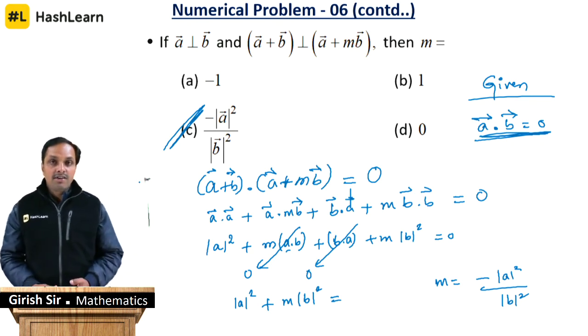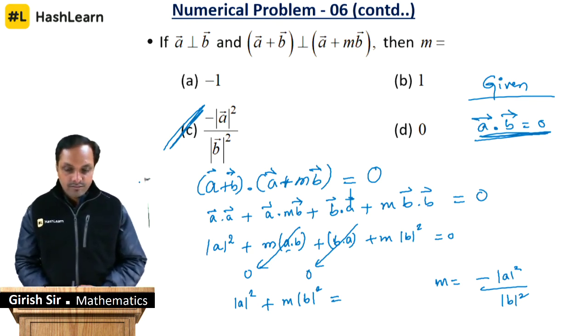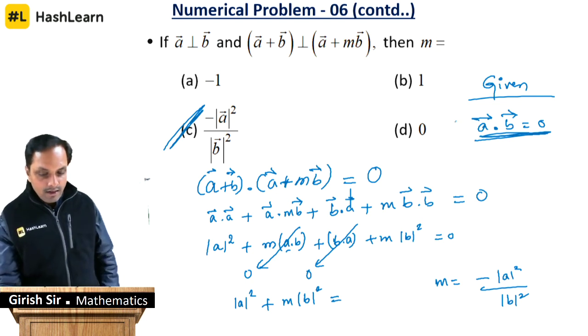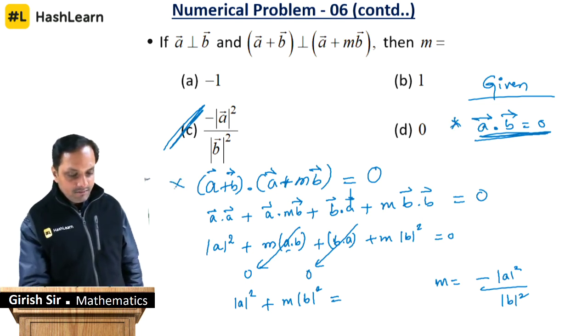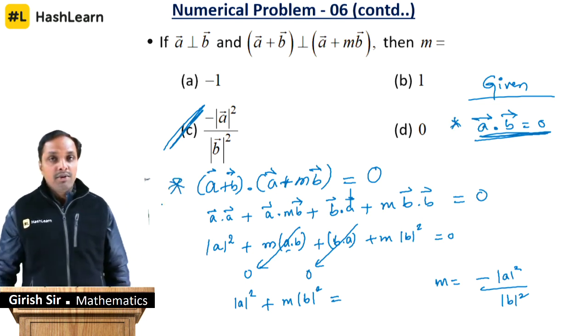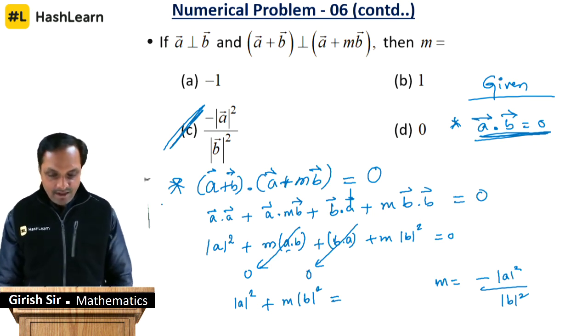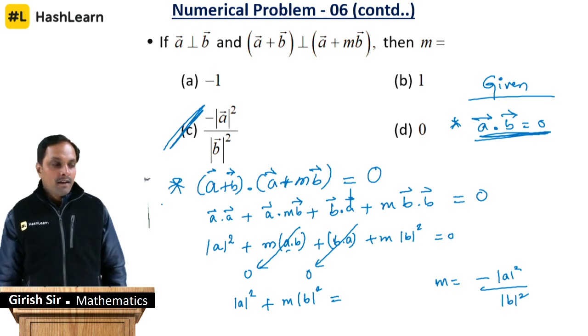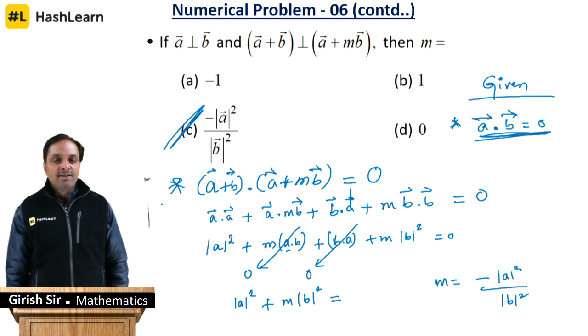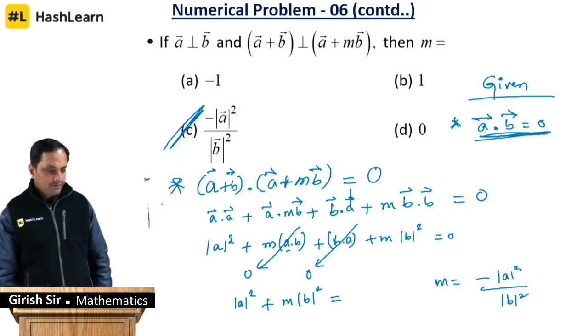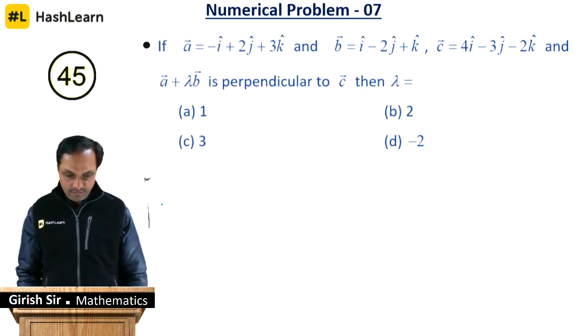Any confusion in any steps? ये दो कंडीशंस दिए हैं ना, you should make a note of that, they are very important. So उसको लेके simplify करके find the value of m. Is it clear? चलो, get ready for the next numerical. Here is the problem.